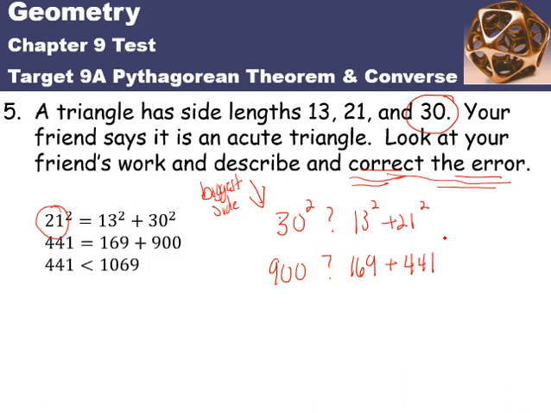21 squared, yep, 441, and we're going to add 169 to that, and we get 610. So we get 900 and 610. And they're not equal. Whoops. 900 is bigger. So again, I'll go back.